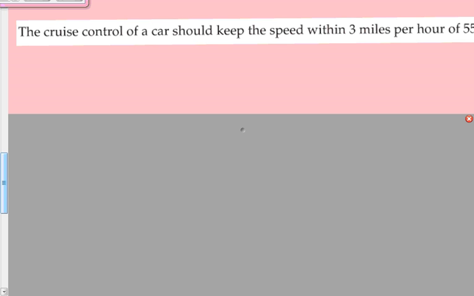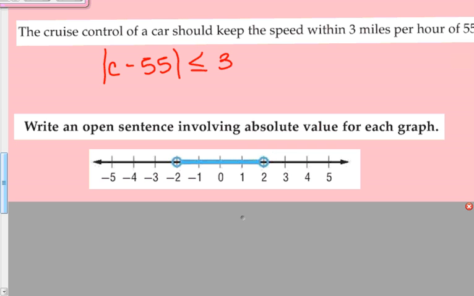So the cruise control of a car, let's say the cruise, minus 55, in your absolute value bars, is less than or equal to your 3 miles per hour. When you solve this, you'd add 55, you'd get your 58. It has to be less than 58. Or if you had your negative 3, it'd become a positive 52, greater than 52. That's how that works. You're saying within 3.